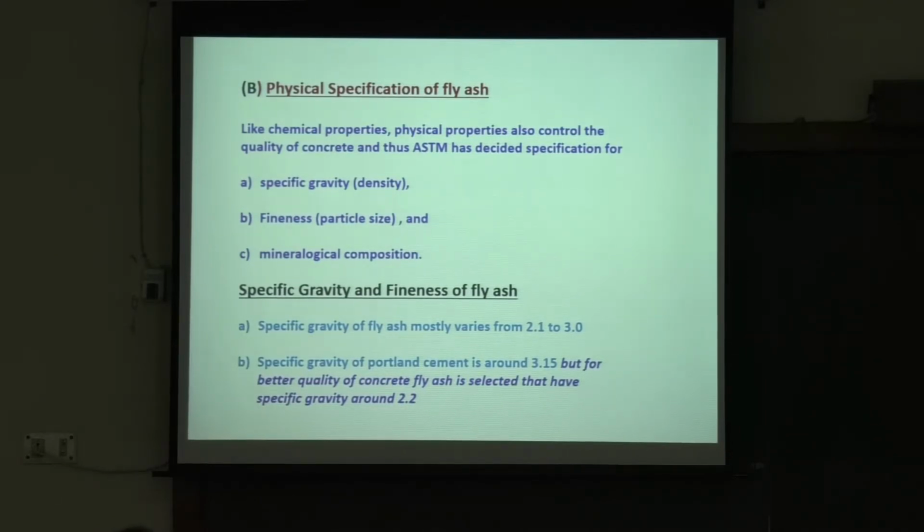For better quality of concrete, fly ash is selected that has specific gravity around 2.2. So normally, if it goes from 3.15 to 2.2, it's about one third, 30%, 33% down, something like that. So you can use the truck, you can take more material. And it's lightweight. Okay.